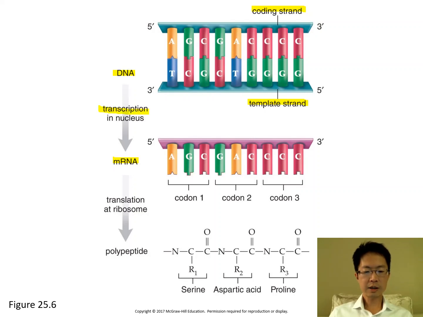If you look carefully, the base pair here, A matches T, G matches C, C matches G, and so on and so forth. But it didn't have this. In other words, the template strand here is transcribed into the messenger RNA.